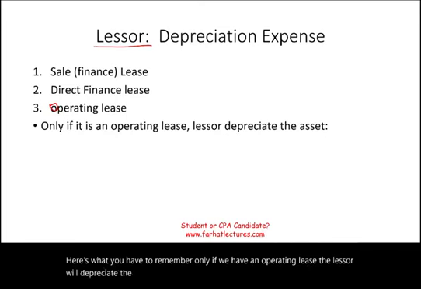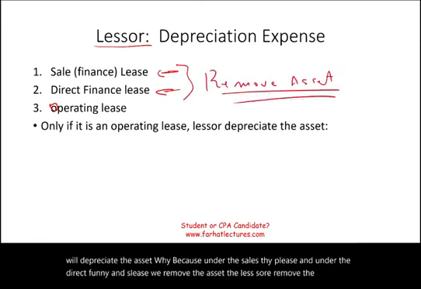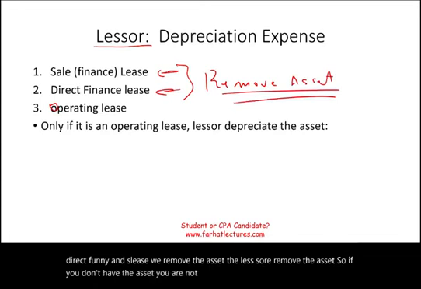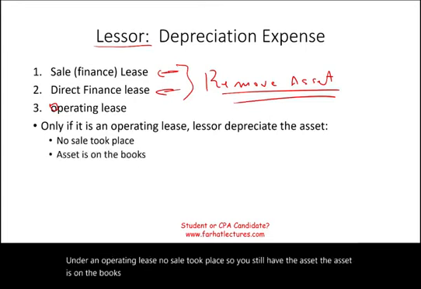Why? Because under the sales type lease and under the direct finance lease, the lessor removes the asset. So if you don't have the asset, you are not going to depreciate it. Under an operating lease, no sale took place. So you still have the asset. The asset is on the books. You did not derecognize the asset.